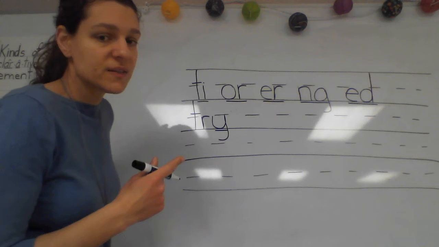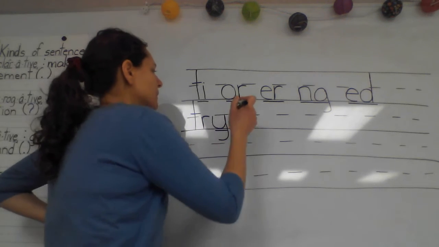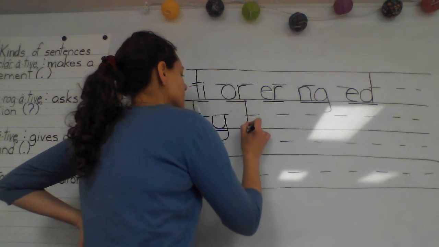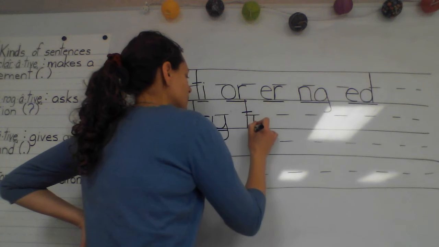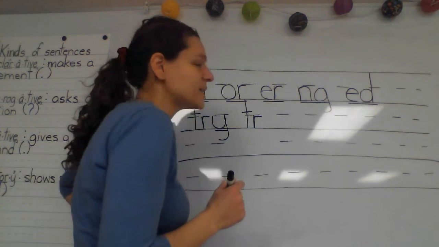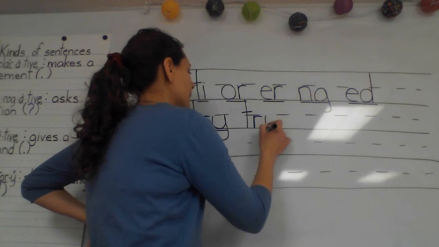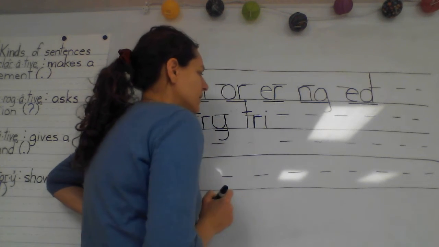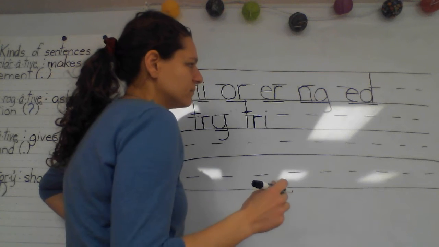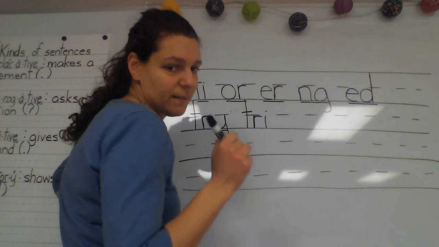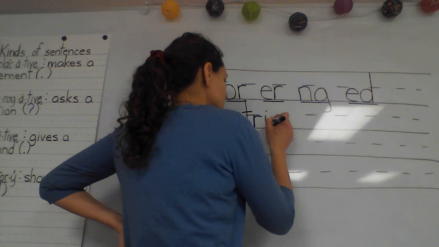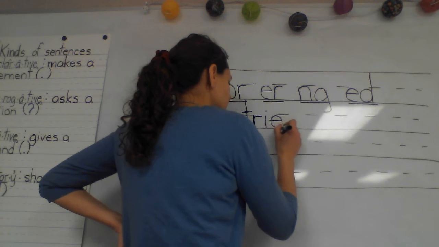Put your finger under the first phonogram in that word. What is it? Good. T. Good. R. Good. I. Which I? Good. I-E. And good. D. But which d is it? Good. Ed. D. T. Past tense ending.